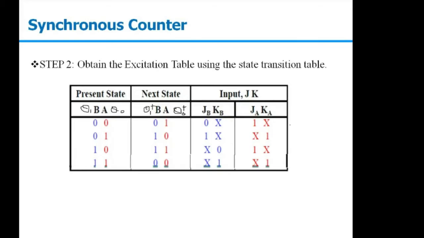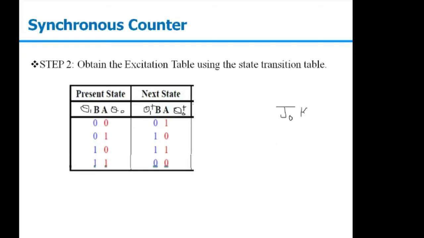So let's see. This JK is nothing but J0 K0. So here I am having J1 K1 and then J0 K0. Let's find the value of J1 K1. For J1 K1 we will be talking about Q1 and Q1 plus. So we are talking about this B input here. 0 to 0.